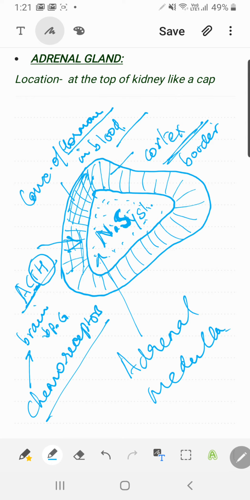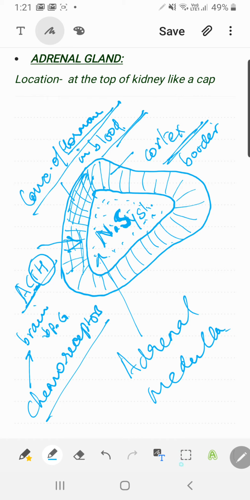This is how the outer area responds to the concentration of hormone in blood. But the central area is under the control of the nervous system. When the nerves bring the message to release a particular hormone, only then will it be released. Right, children? This is the typical thing that you need to understand.